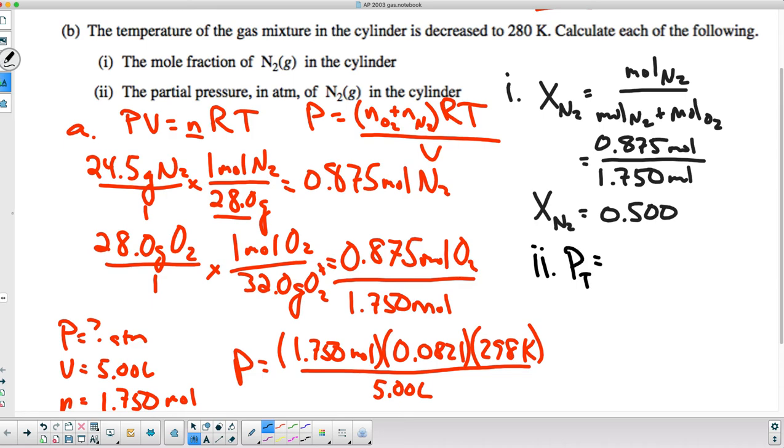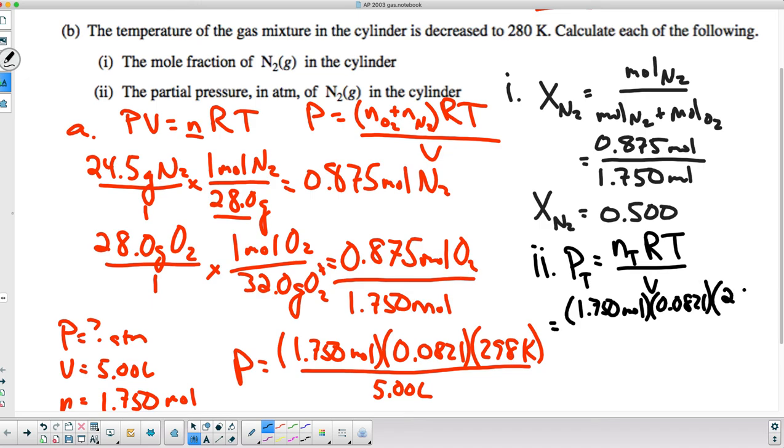So P total is both of them together, and it's going to be again the N total, all of the gases together, times R times T with our new temperature, all divided by V. When I plug this in, I get 1.750 moles times R, still 0.0821, and then my new temperature is 280 Kelvin. And then all of that is still divided by my 5 liters. So what you get with the P total is 8.0 atmospheres.